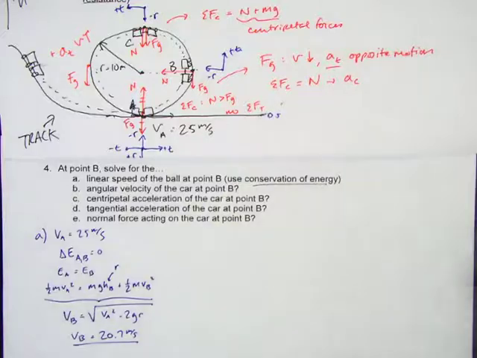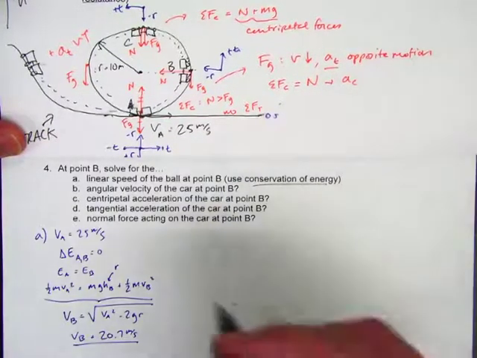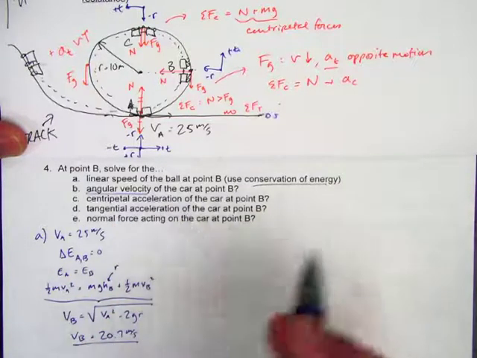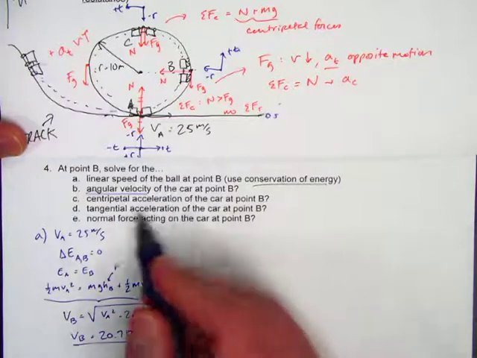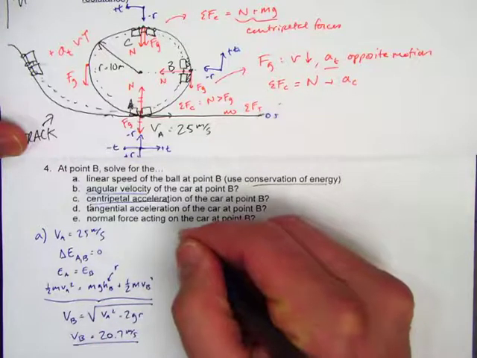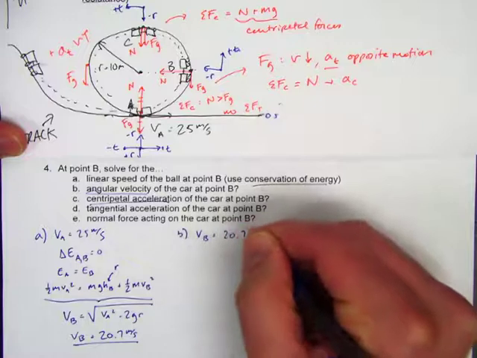But alas, we are still moving in a circular path. So at the moment we're at point B, I can still use this to figure out the angular velocity and the centripetal acceleration, because now we know that v at that instant is 20.7 meters per second.